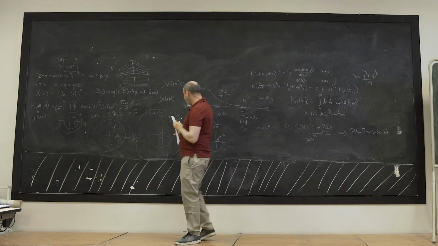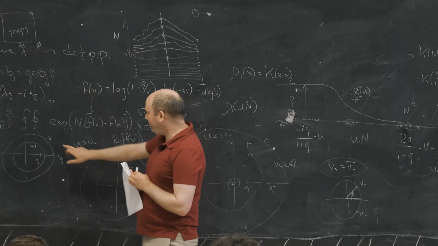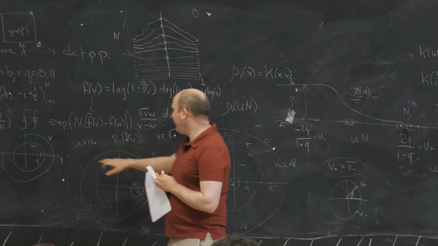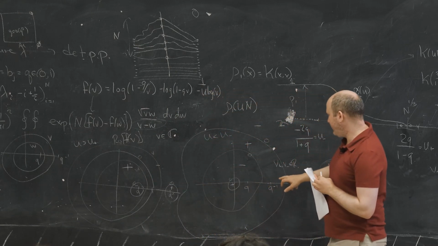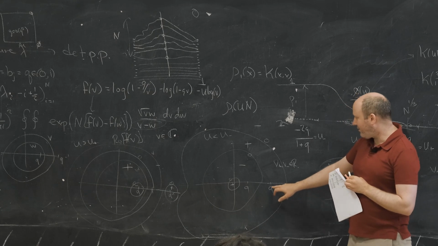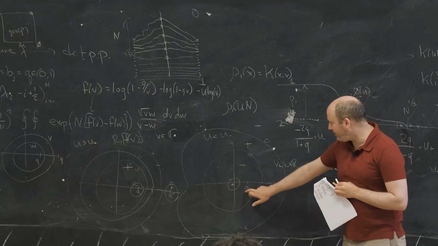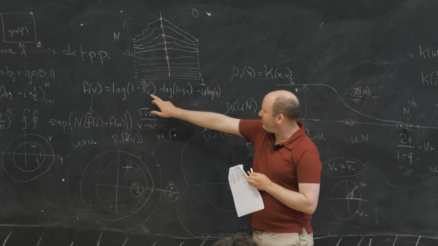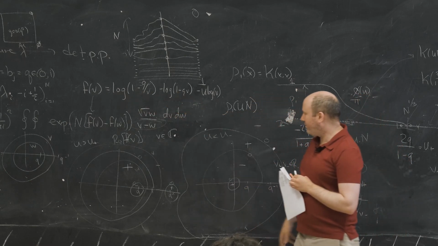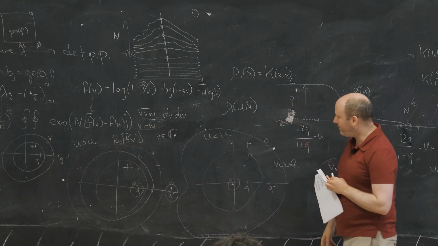So again, what you'd like to do in order to get exponential decay is you'd like to put the v contour solidly in the negative region and the w contour solidly in the positive region, subject to the fact that they can't cross through poles at q, essential singularities at q and q inverse that come from these terms. And then there's a simple pole coming from v minus w in the denominator here.